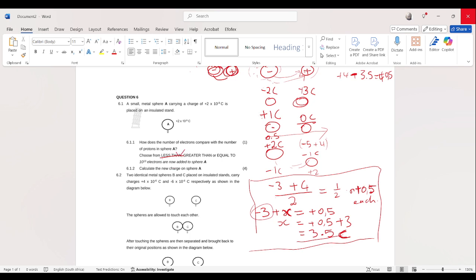Okay, now calculate the new charge on sphere A. I feel like this question was incomplete.